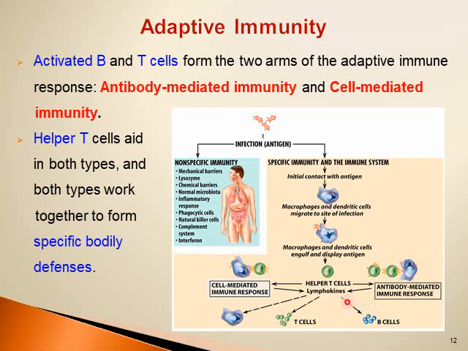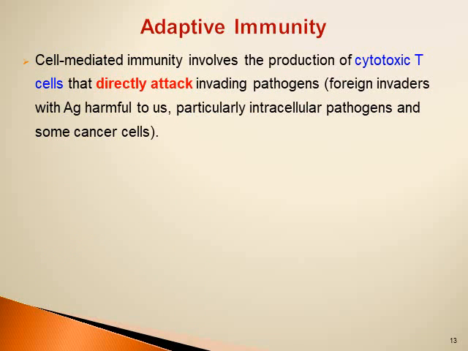The antibody-mediated immune response is mediated by B cells that produce antibodies, while the cell-mediated immune response is mainly mediated by other types of T cells. Cell-mediated immunity involves the production of cytotoxic T cells that directly attack invading pathogens, foreign invaders with the antigen that is harmful to us, particularly intracellular pathogens like viruses and some cancer cells.